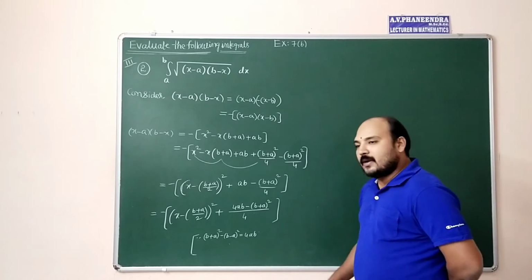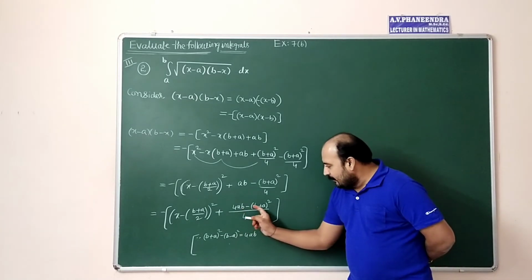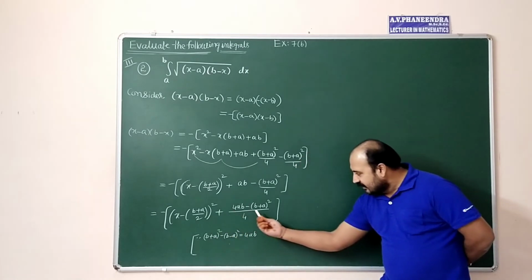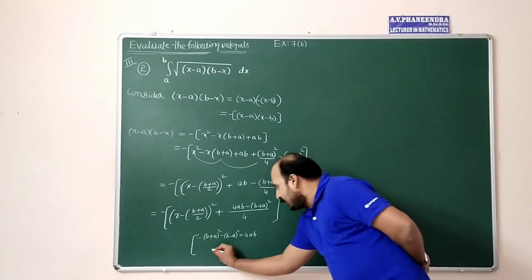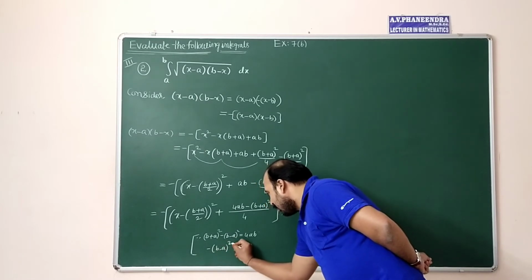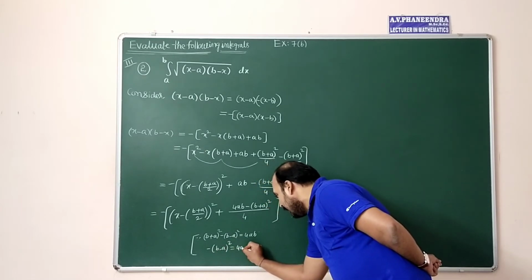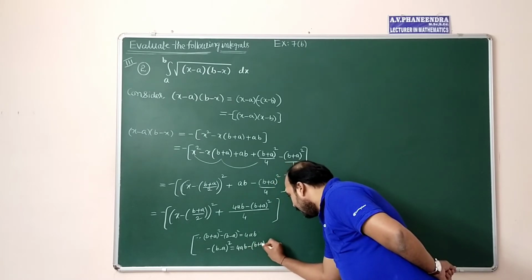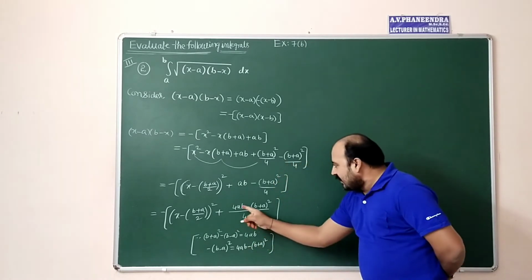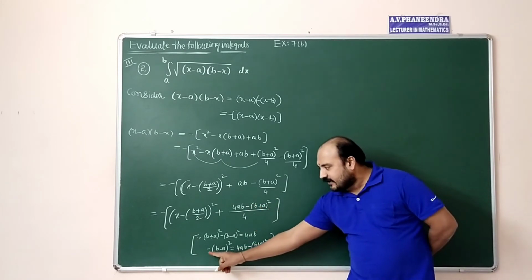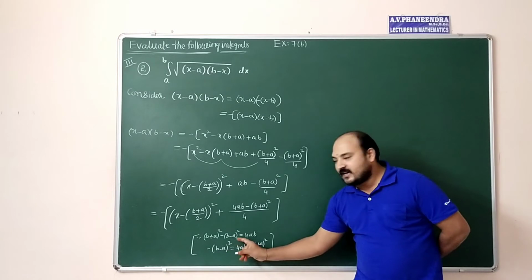So now what I am doing is, 4ab minus (b plus a) whole square is there, no? So this (b plus a) whole square I am taking this side. Now it becomes minus of (b minus a) whole square, which is equal to 4ab minus (b plus a) whole square, which is exactly there in the numerator of the second term. 4ab minus (b plus a) whole square, we can write it as minus of (b minus a) whole square.